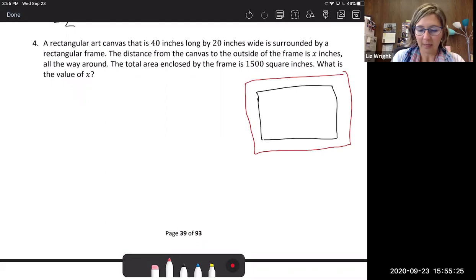And it says my canvas is 40 by 20. And the distance from the canvas to the outside of the frame is X. So that means this is X and it's all the way around. So that just means it's symmetrical all the way around. So the distance between the frame and the canvas is going to be X all the way around. And I'm putting these strategically on the corners because of what's coming next.